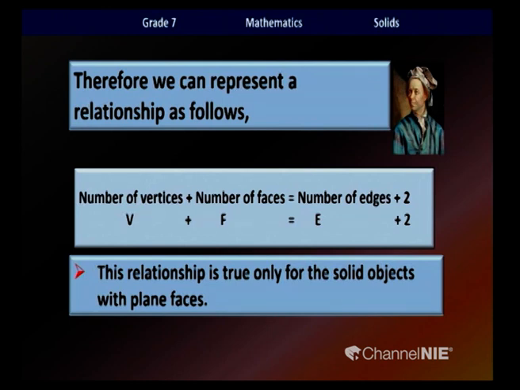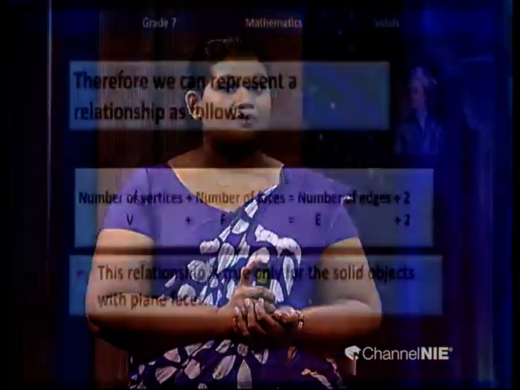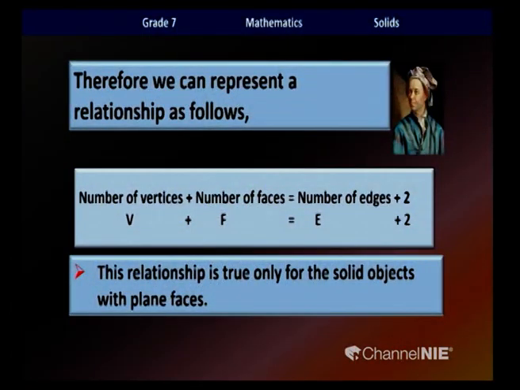So, we can name the number of vertices as V, the number of faces as F, and the number of edges as E. Therefore, we can construct an equation as V plus F equals E plus 2. But this relationship is true only for solids with plane surfaces. If you have curved faces, this relationship cannot be taken.